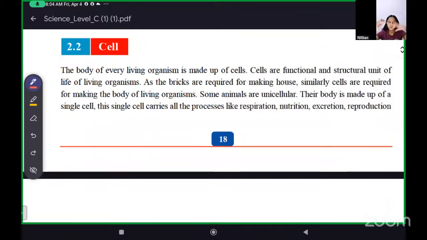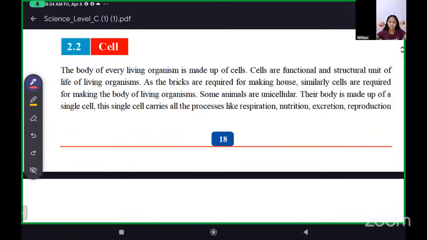When organs come together, they form an organ system. An organ system forms our body. So the very basic unit that forms organs, which ultimately form our body, is known as a cell.